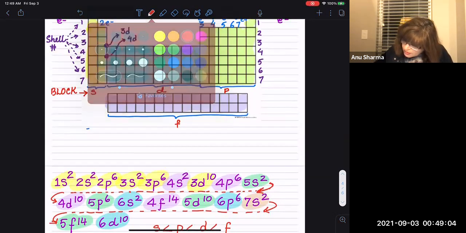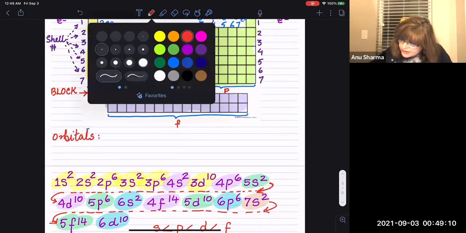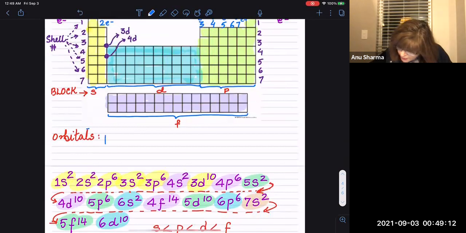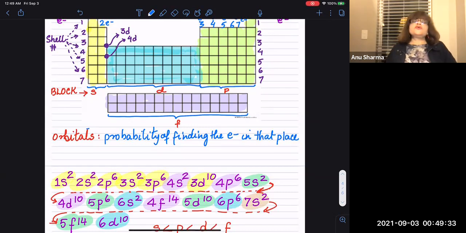The orbital means the probability of finding the electrons in that region around the nucleus.